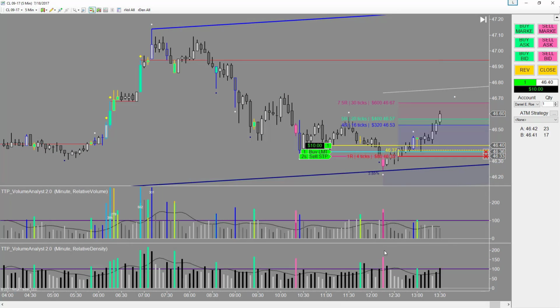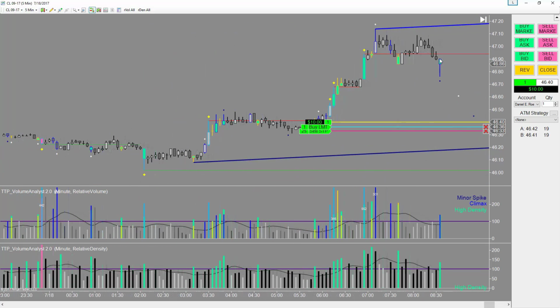And it's this relative density that you'll notice is actually behind the relative volume bars for each of the bars that has a signal. So for each climax bar, this is a climax bar, a blue bar. If there is also high density for that bar, the density plot will show up behind the relative volume. For instance, right here, this is a selling climax, a minor spike in the volume at a low, and it's also high density.